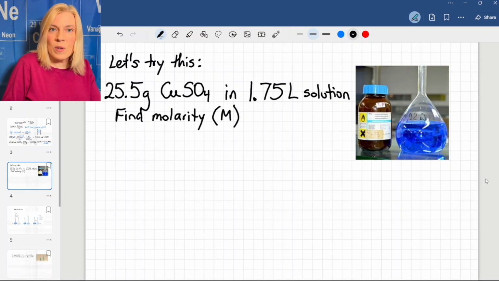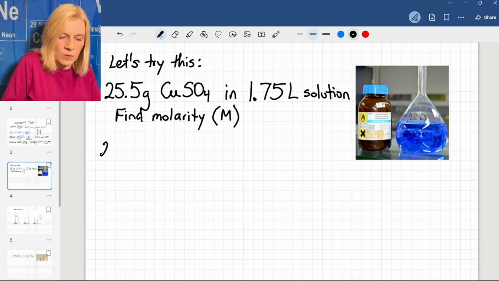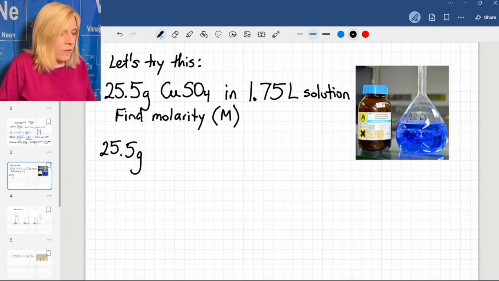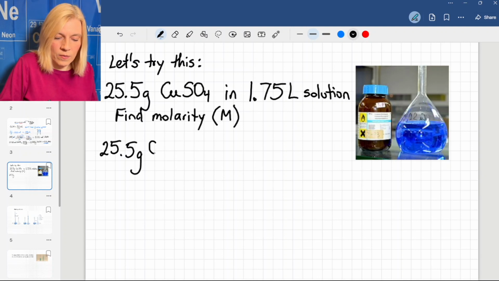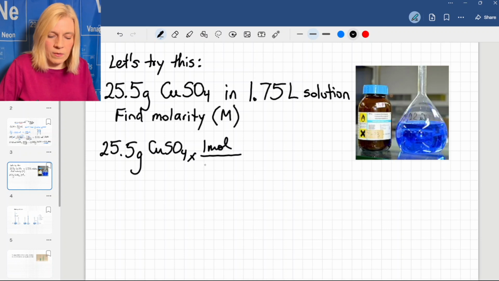So let's take the 25.5 grams of copper(II) sulfate and change it to moles. 1 mole of copper(II) sulfate, if you add everything up, is 159.55 grams.